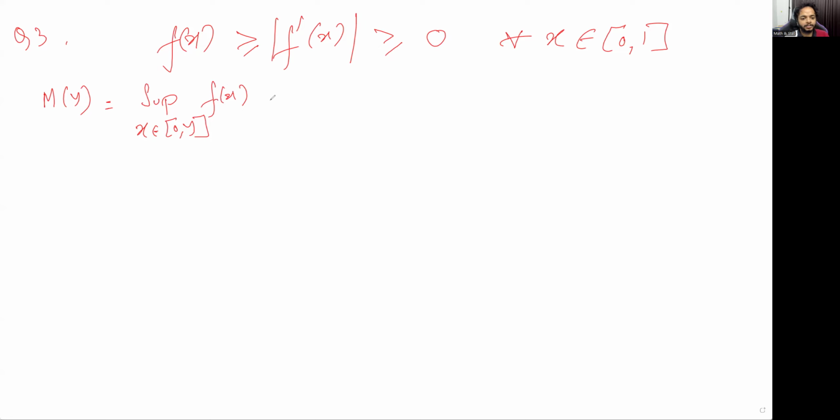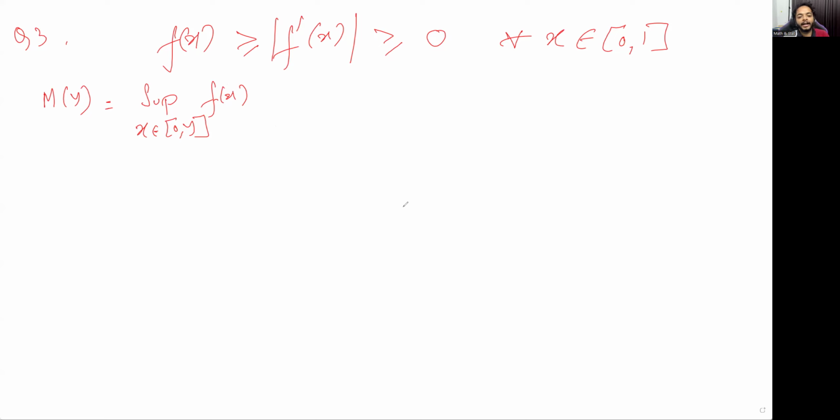Those who don't know what the supremum is, just think of it as the maximum value the function is taking if I restrict its domain to [0, y]. Now we know that there will be a point where the function attains its maximum value.